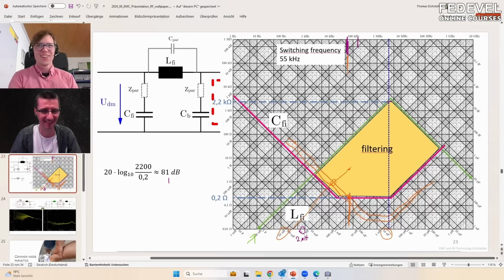So what does it mean? What is the more optimal solution? I would say when you have a ceramic capacitor, it's easier to handle, and you also have less current on the ESR, because current on the ESR means heat.